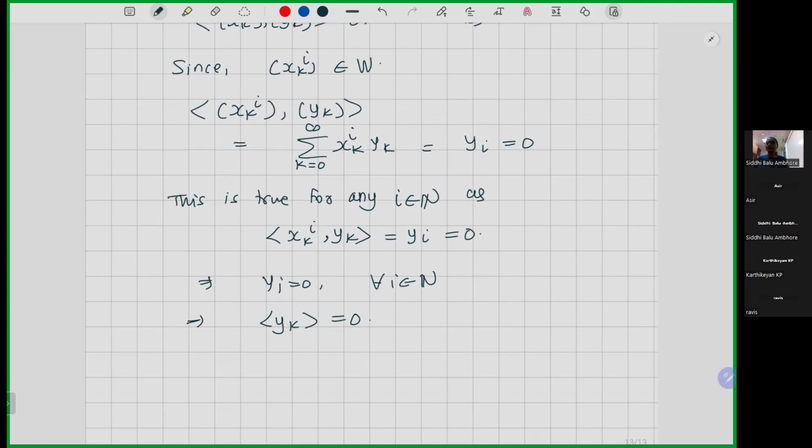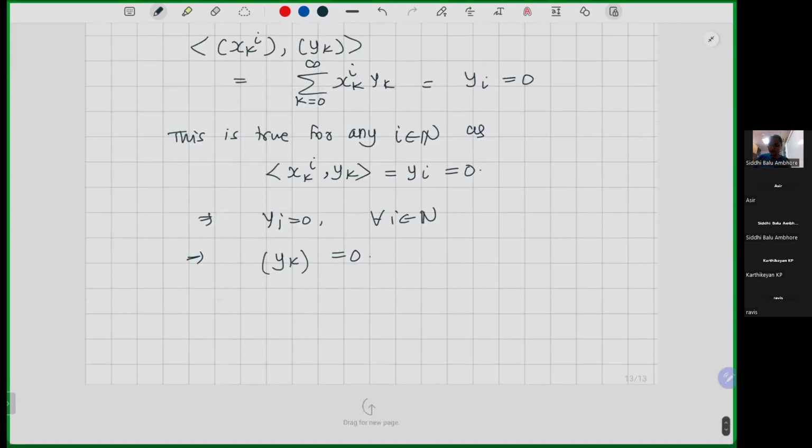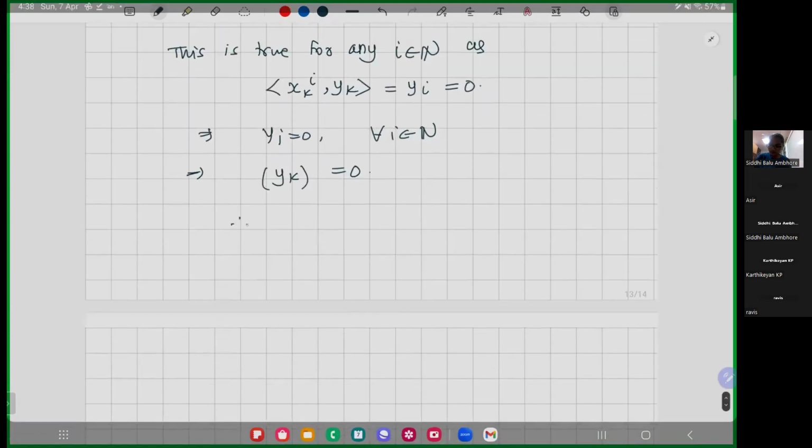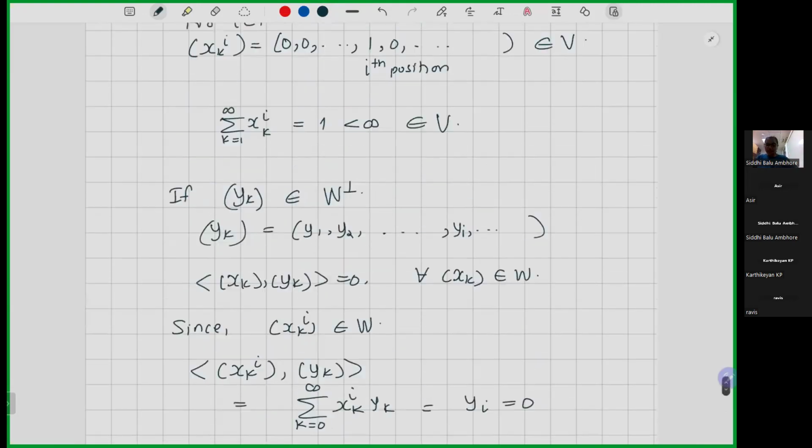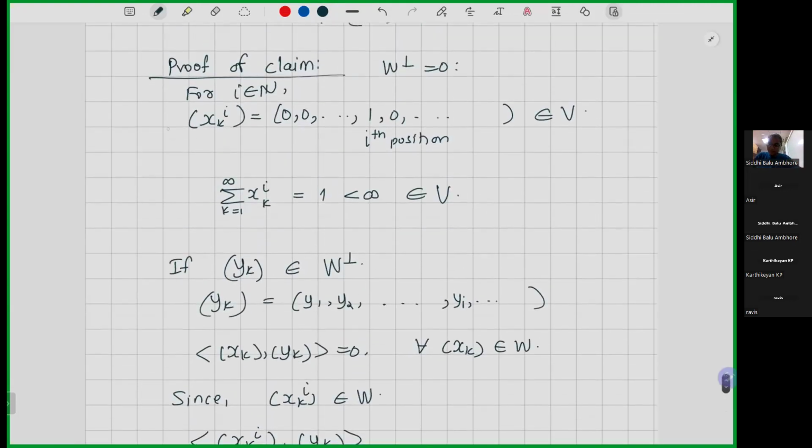So all the entries of this sequence which we started with are 0. Therefore W perp is actually 0. And this x_k^i which I wrote here actually forms a basis for this W if you check, but that's okay.